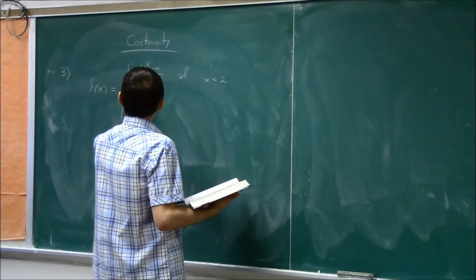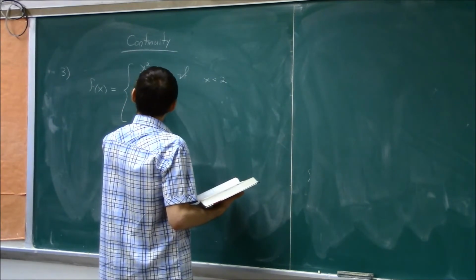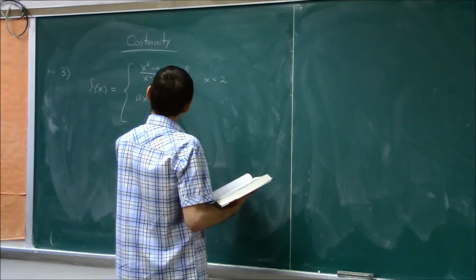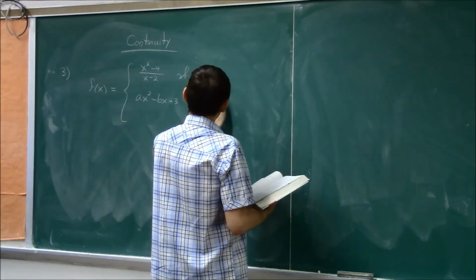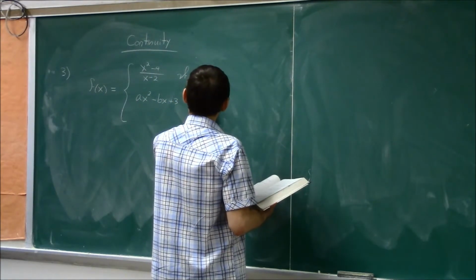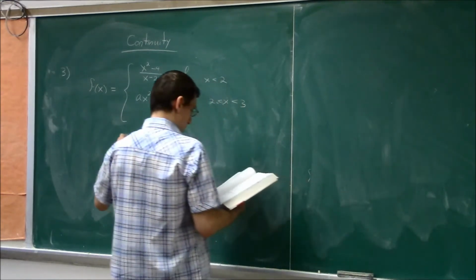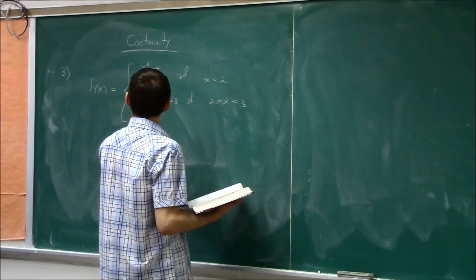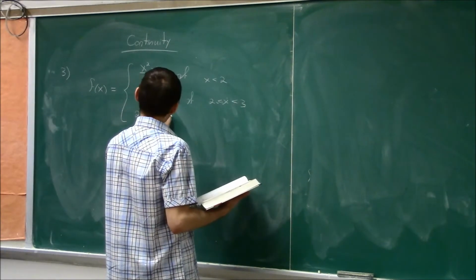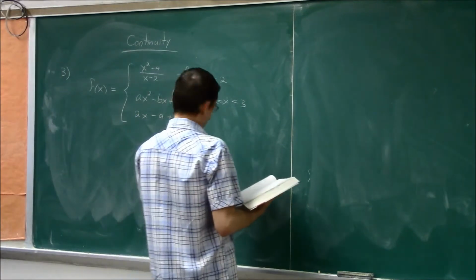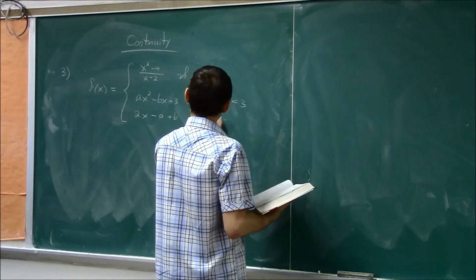It is a x squared minus bx plus 3 if x is bigger than or equal to 2 but less than 3. And it is 2x minus a plus b if x is bigger than or equal to 3.